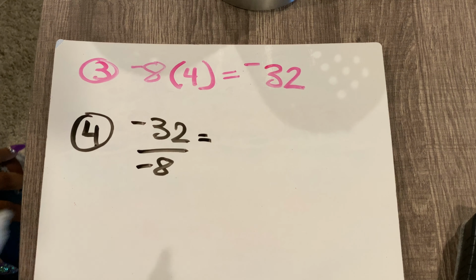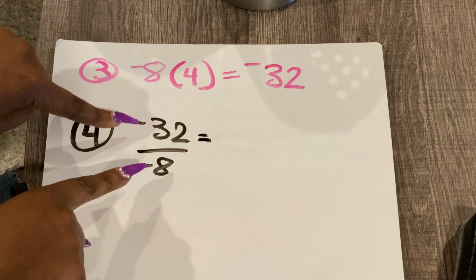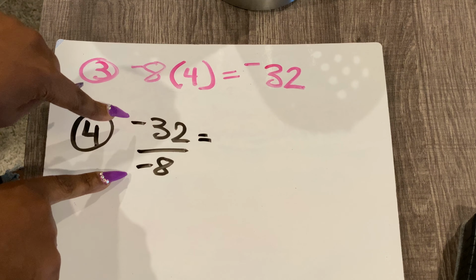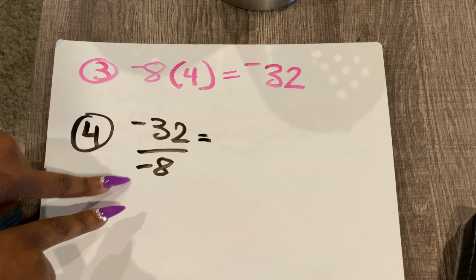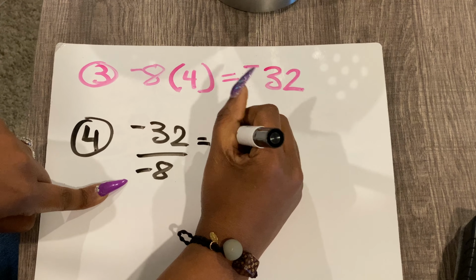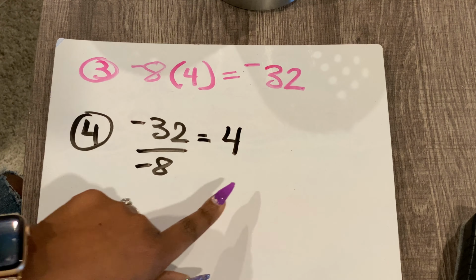Well, first thing you want to do, what are my signs? Are my signs the same or are they different? They're the same, a negative and a negative. So a negative and a negative are the same sign, which means my answer has to be a positive number. My answer is a positive 4.